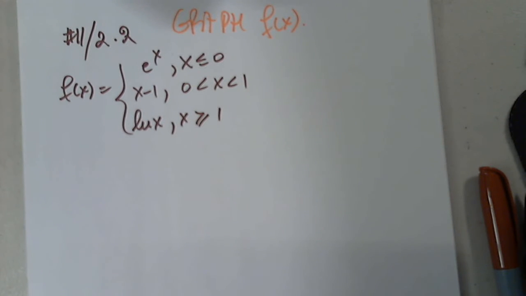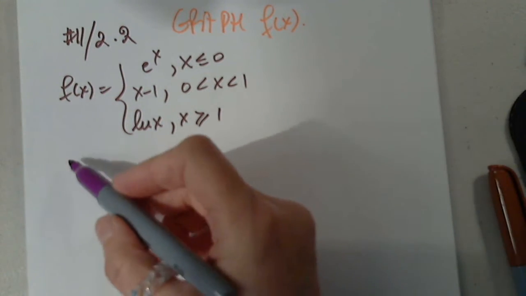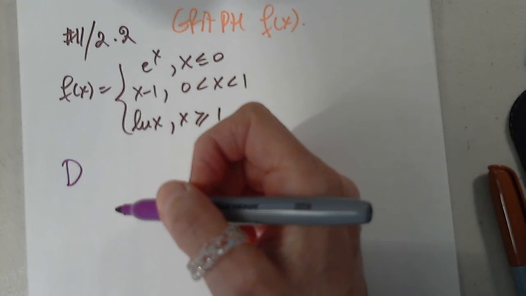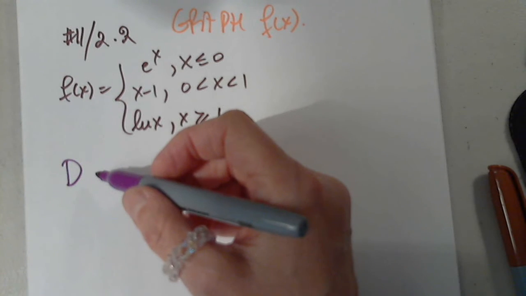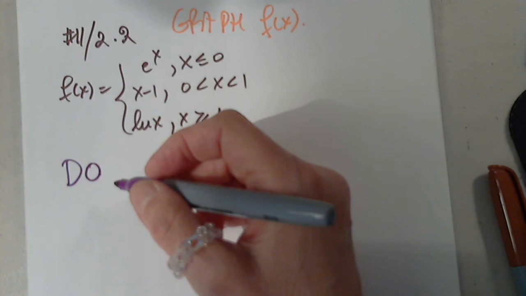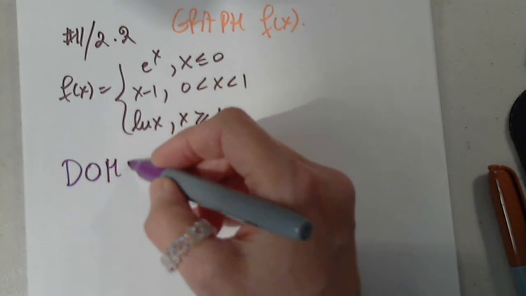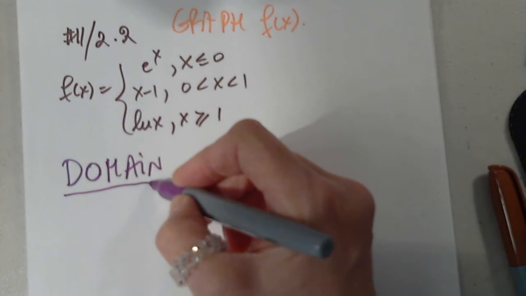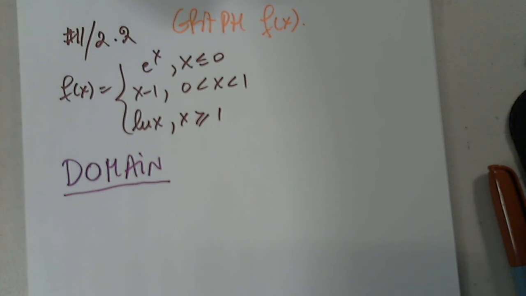It's the absolute first step for any graph or any function. Domain restrictions? Close, yes. How do we call that? Domain. Thank you. Yes, that is our first concern.